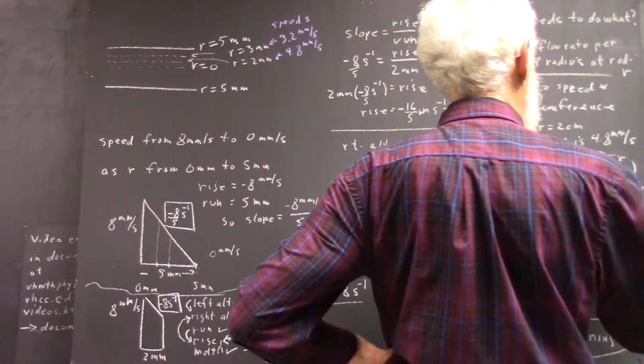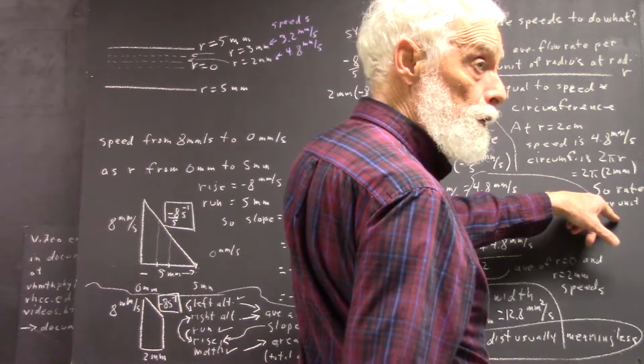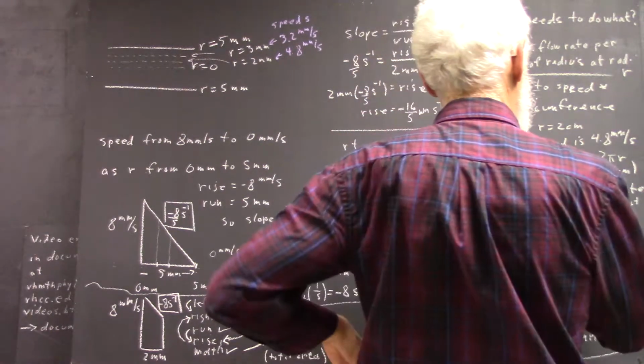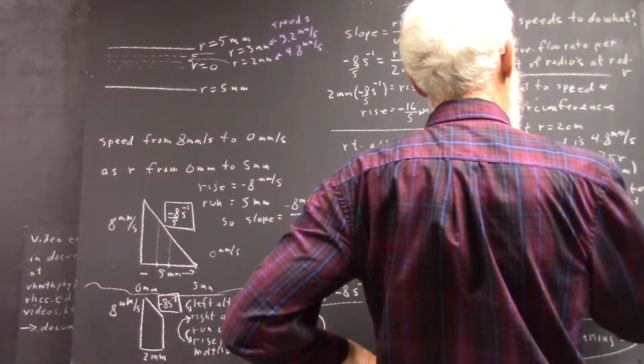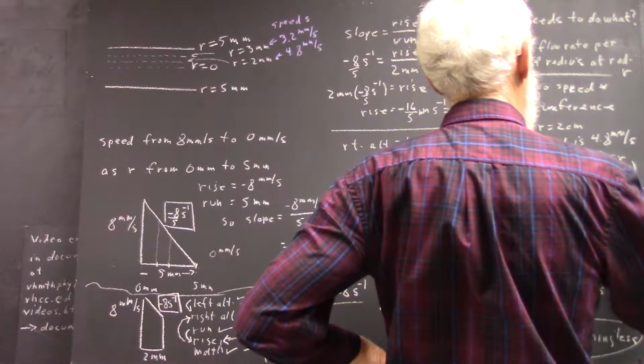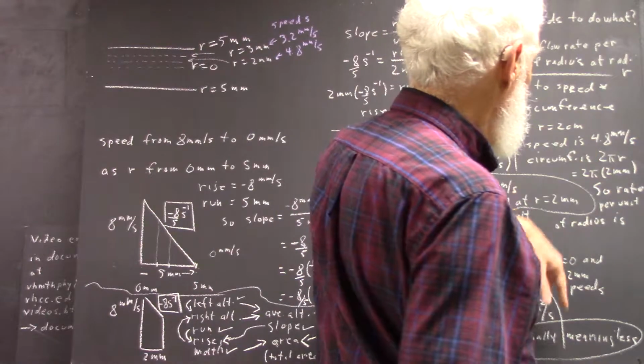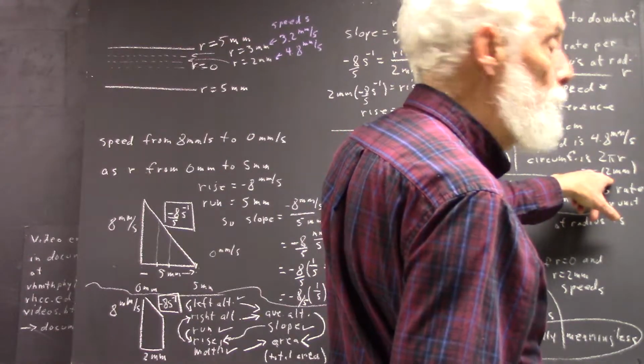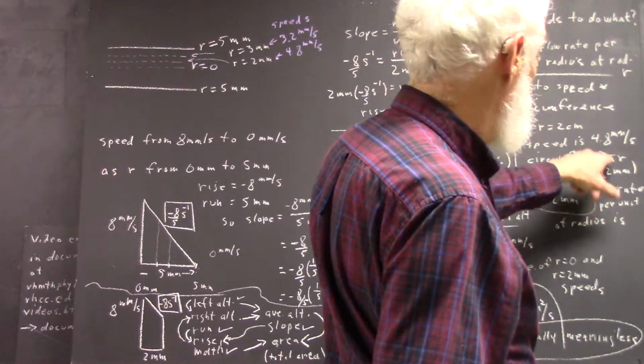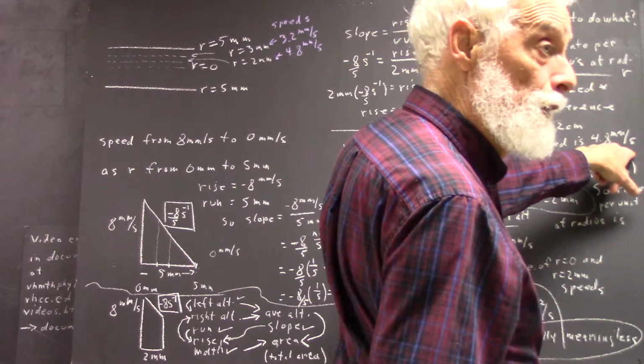Now it's important to remind ourselves that this is a rate per unit of radius. Well, it's the product of this and this. So that's going to be what? This is going to be 4 pi millimeters multiplied by 4.8 millimeters per second.